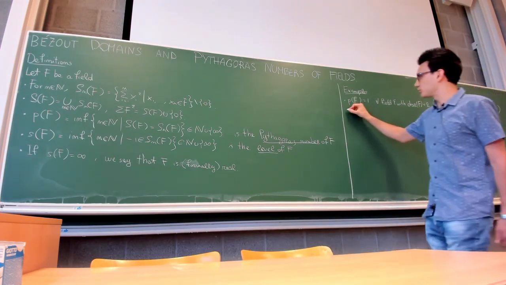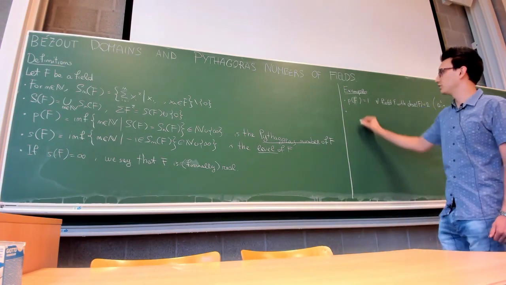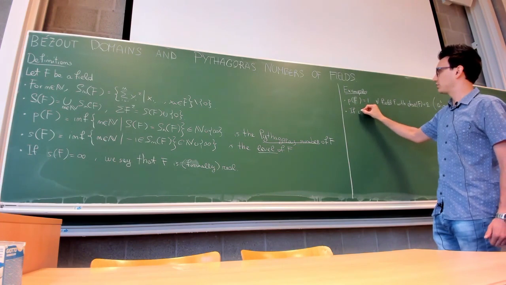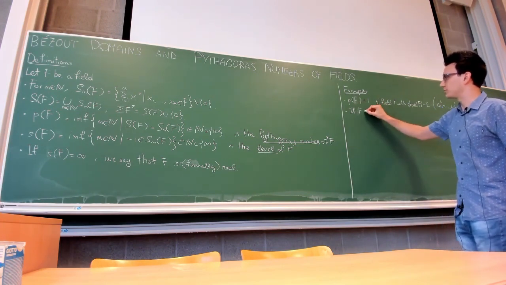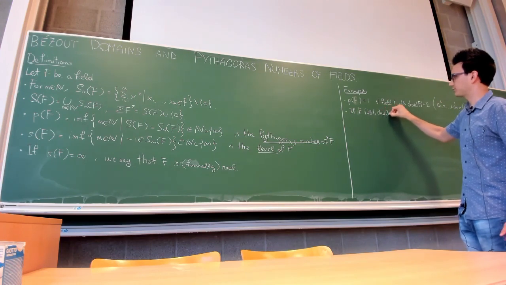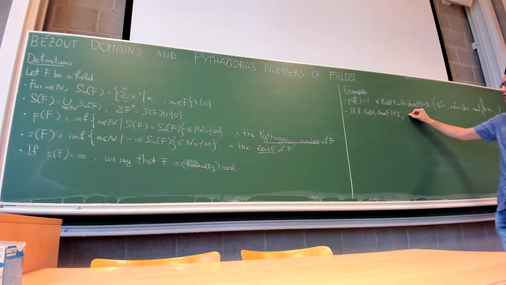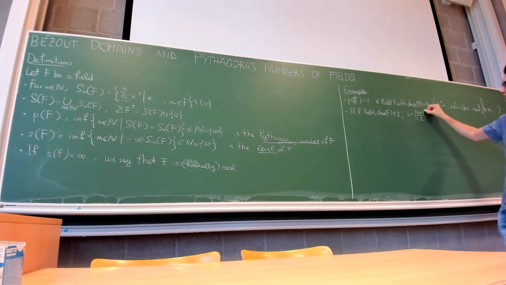Okay, so we will mostly focus on characteristic not 2. So if f is a field of characteristic not 2, one easy observation that we can make is that for any element I have this equality.